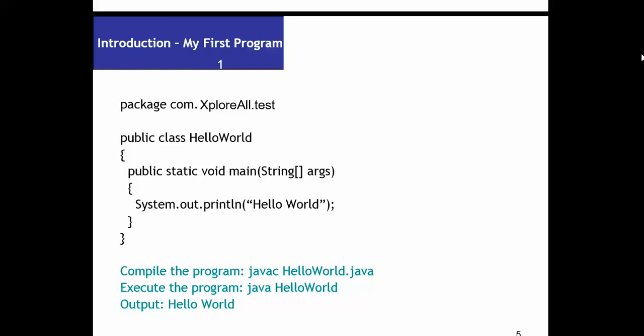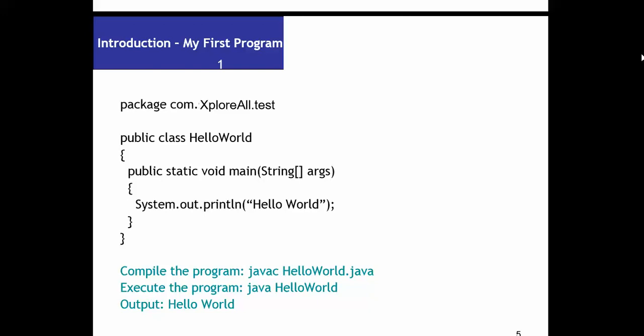If there is no main method, your program will not run. So it is the main method for your program execution. And next is public. Public is nothing but it is visible for everyone and anyone can execute. So JVM can execute this program.